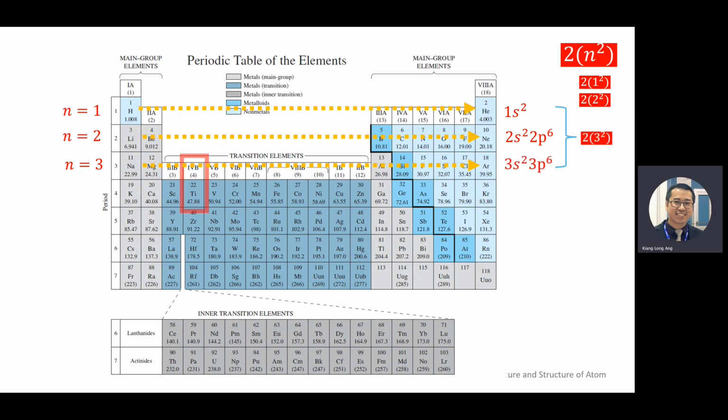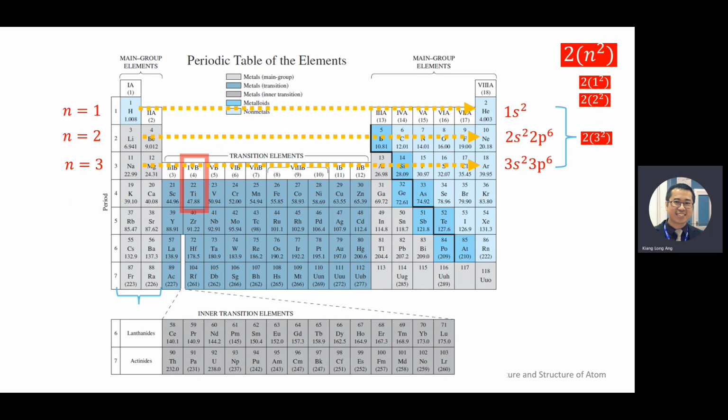So for the third row, you also count 2s, and then 1, 2, 3, 4, 5, 6, so 3p6. So this does the calculation for you over there.